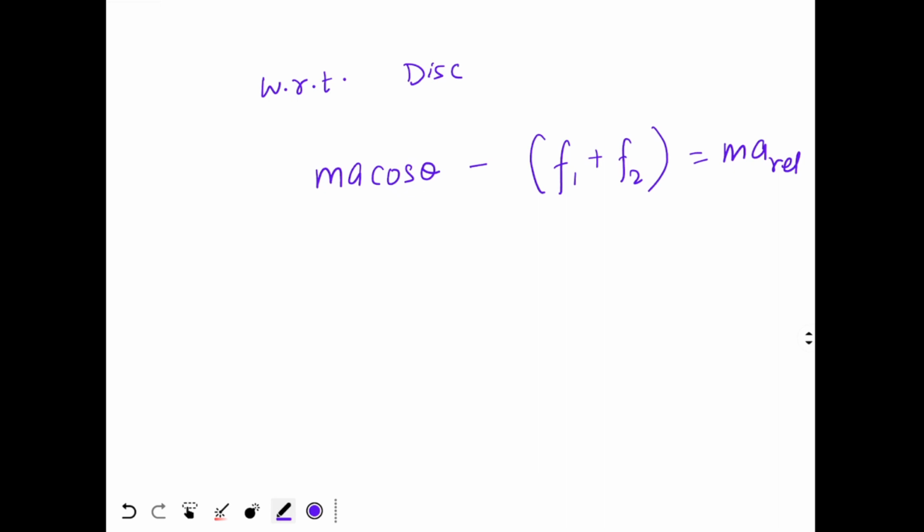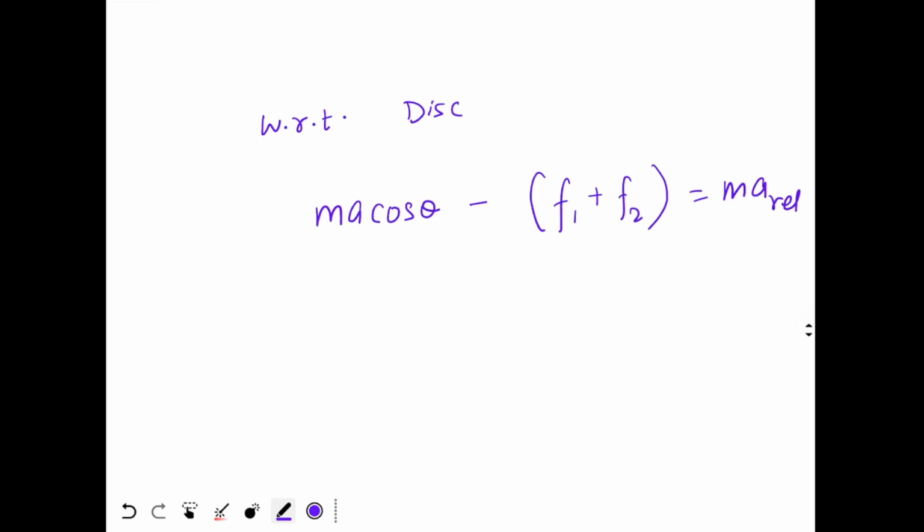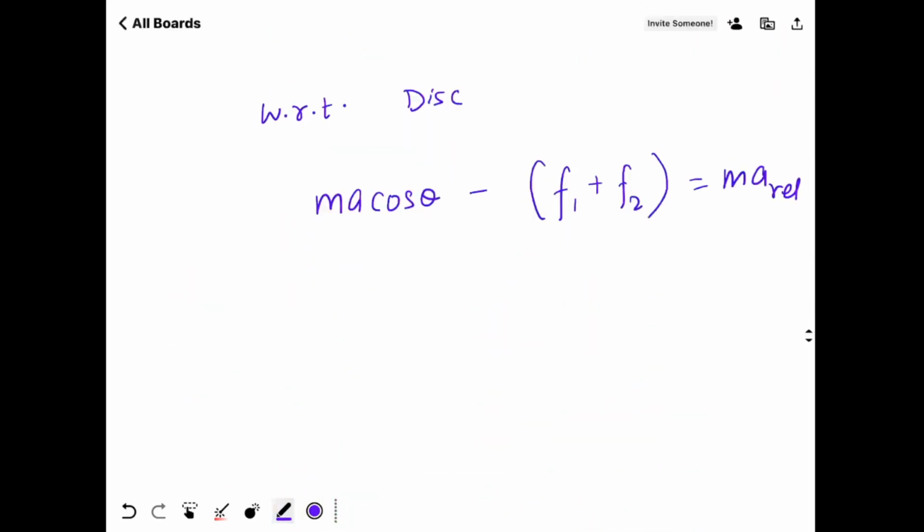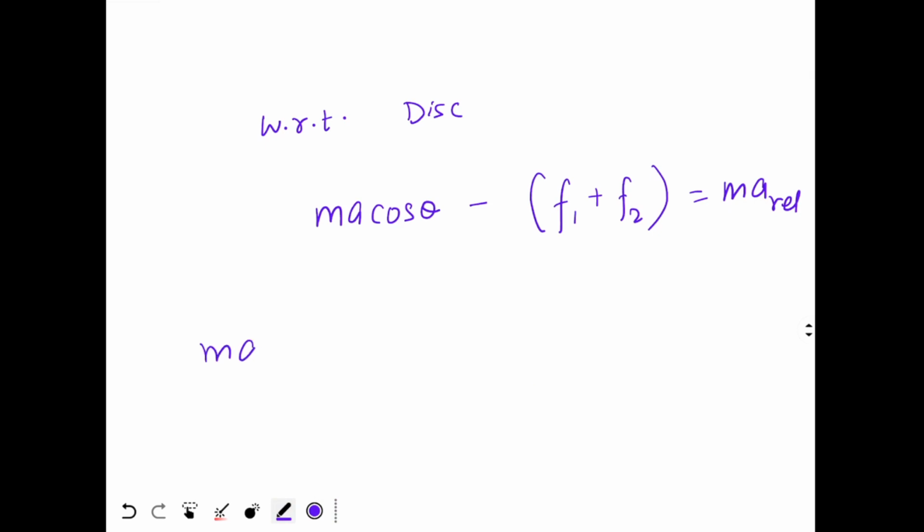Okay, so let's put the values one by one. Let's keep it in variable for now. Ma cos theta minus F1 is mu n1, F2 is mu n2, equal to m a relative.